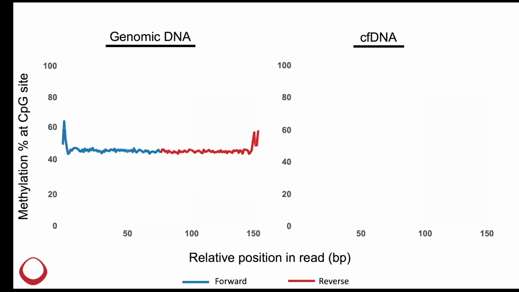And because bulk genomic DNA samples the genome indiscriminately, highly methylated regions and unmethylated regulatory regions are all mixed together. And that's why you get a flattening of the tissue-specific methylation curve, and you just get 50% methylation at CpG sites.